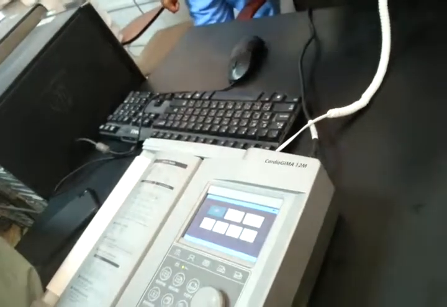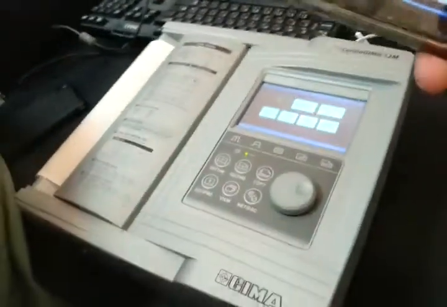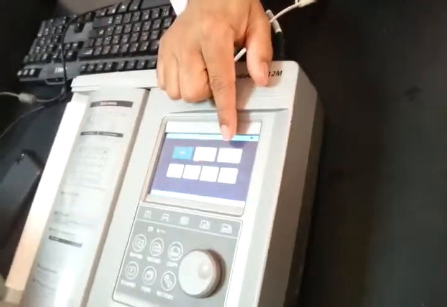This is SVC, slow vital capacity: maximum slow inspiration followed by maximum slow expiration. First one was maximum forceful inspiration followed by maximum forceful expiration. What about the third one?